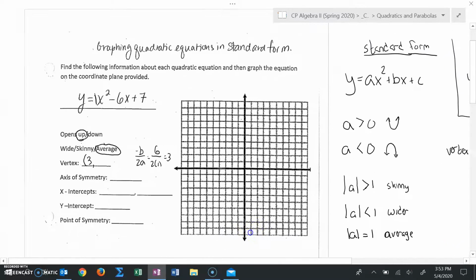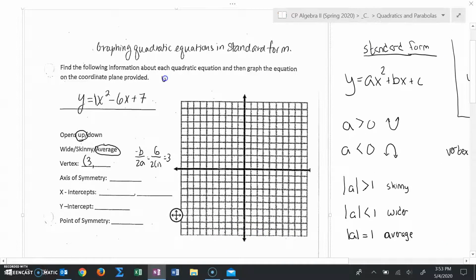So for us, we're going to do y equals 3 squared for x squared, minus 6 times 3, we know x is 3, plus 7. That's going to give us -2. So we know our vertex is at (3, -2).